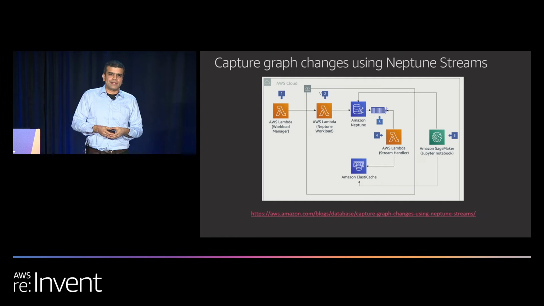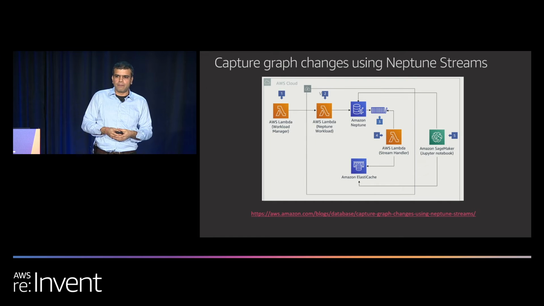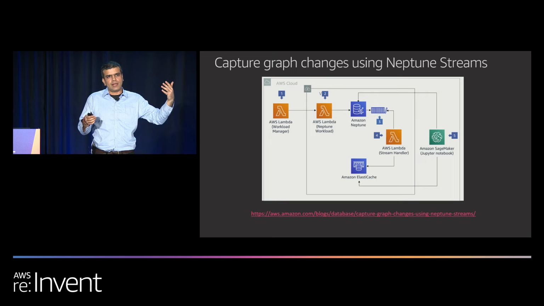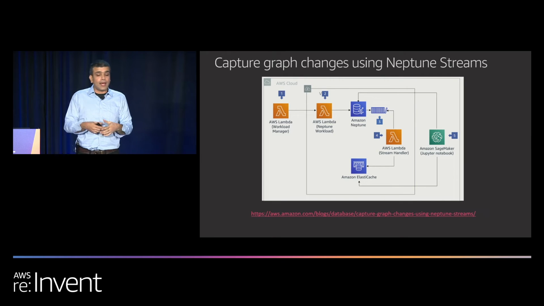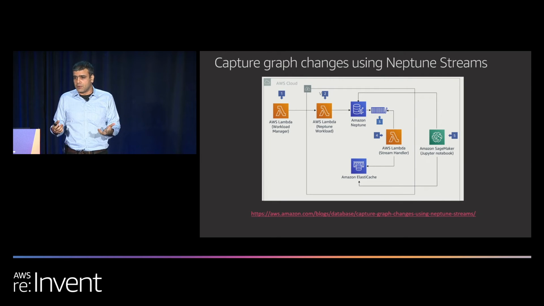Here's a blog post that one of our architects wrote. It's available on the AWS database blog site. What it does is essentially use Lambdas to trigger a workload that dumps data into Neptune, which in turn generates streams. And streams, I should call out, is in lab mode, so you need to enable a cluster parameter group parameter to enable streams.